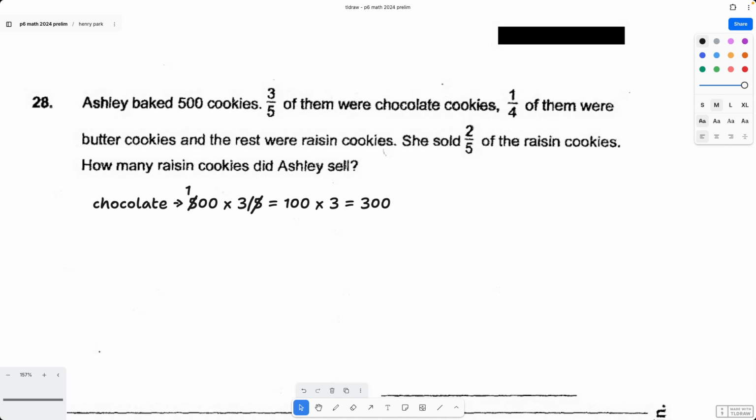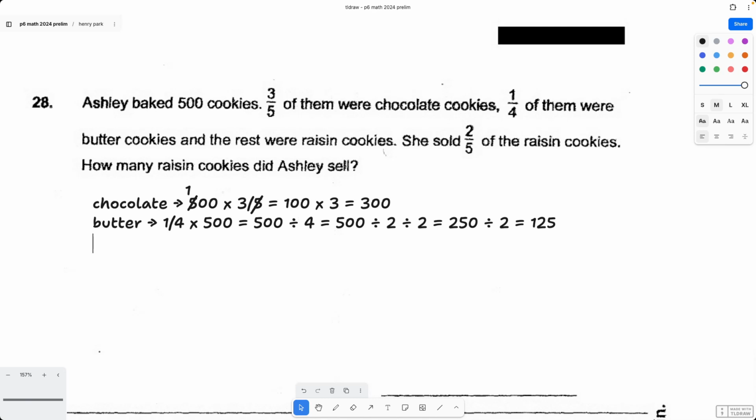Then the next one, butter is equal to 1 over 4 times 500, or basically 500 divided by 4. So 500 divided by 2 divided by 2, which means 250 divided by 2, which is 125.